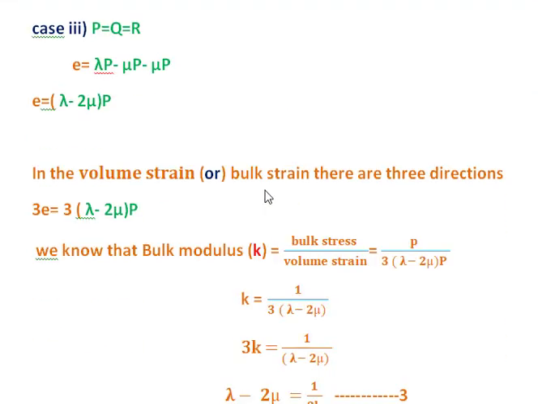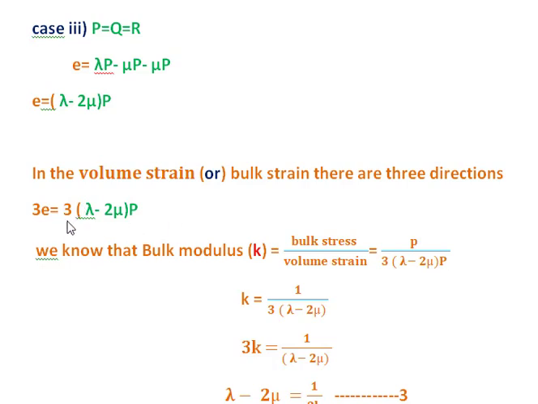Now we go to case 3. Here P, Q and R, the three stresses, the three forces, are equal. Then on applying this condition to this equation, we get e is equal to lambda minus 2 mu into P. We know that the volume strain or bulk strain is applied in all directions.